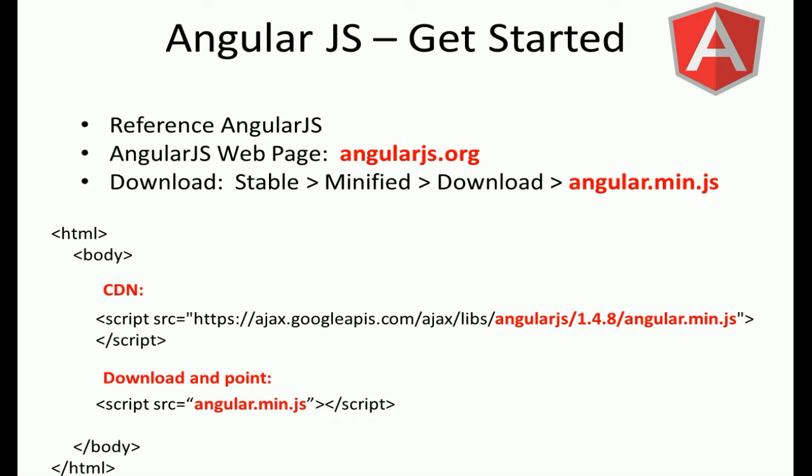As we know, Angular is a framework with a library written in JavaScript. AngularJS is distributed as a JavaScript file that can be added to a web page with a script tag, either by pointing to the downloaded library file or pointing to the CDN, or Content Delivery Network, for the library file.